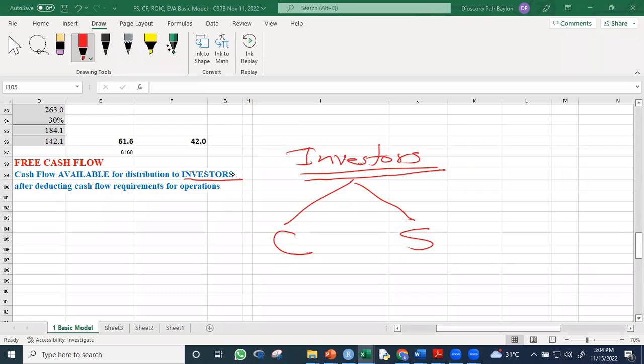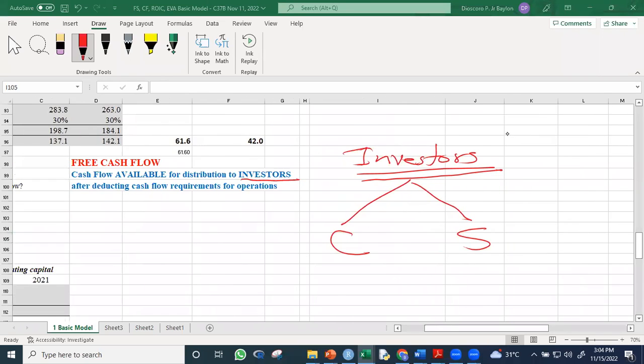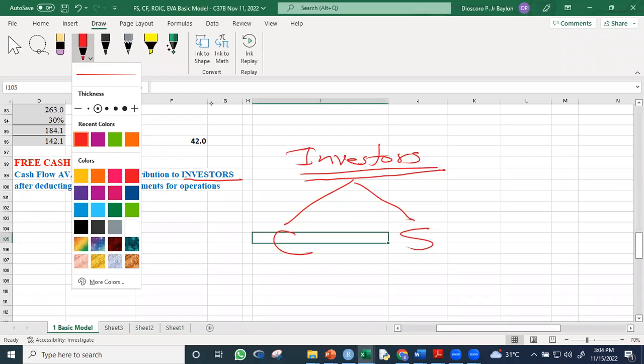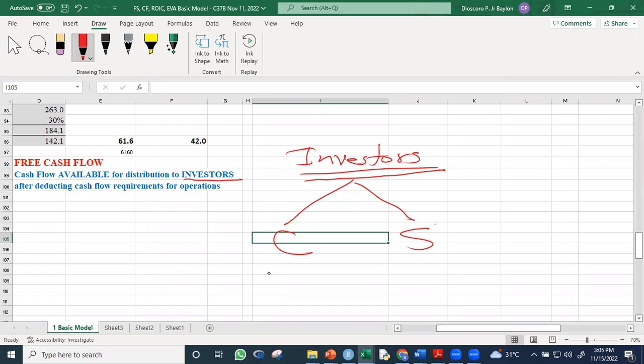You said equity and debt, but investors are people. Equity and debt are not people. So who are they, class? Investors. Please raise your hand. For equity investors, they sort of have ownership in the company.